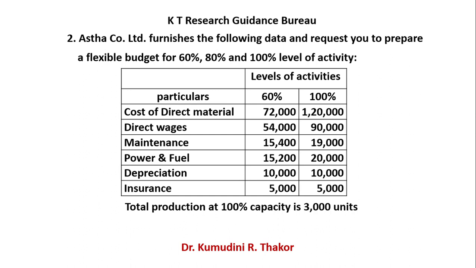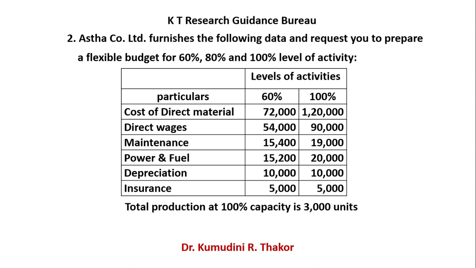When the amount is equal, then it is fixed. Suppose depreciation. At 60% and 100% it is the same, means it is fixed. Same way for insurance, 5,000, 5,000, so it is fixed, that is sure.